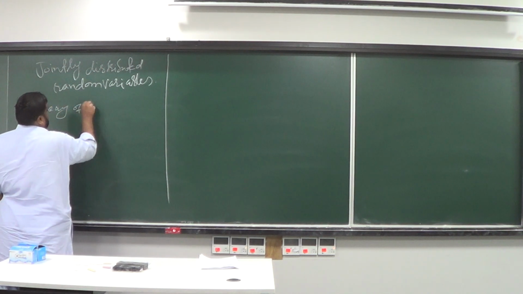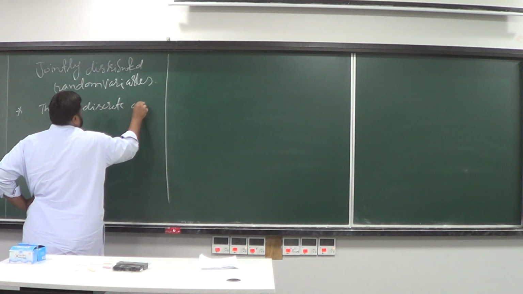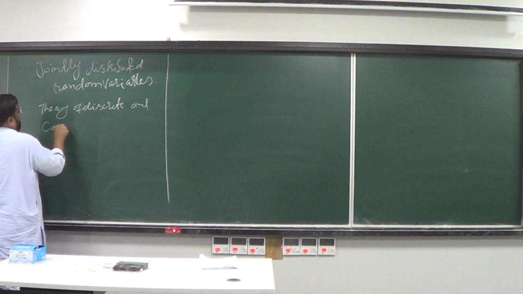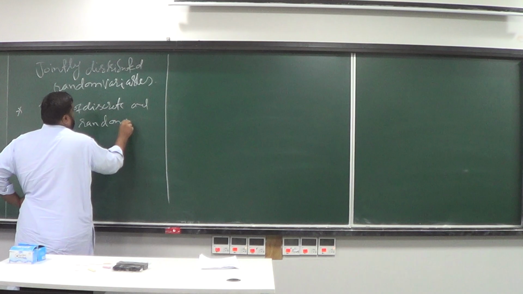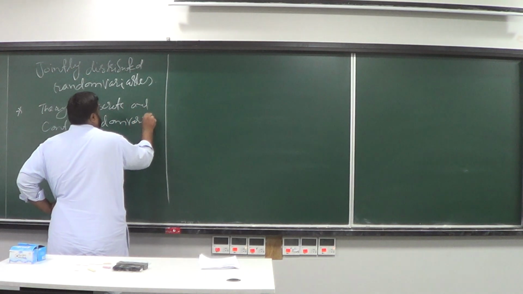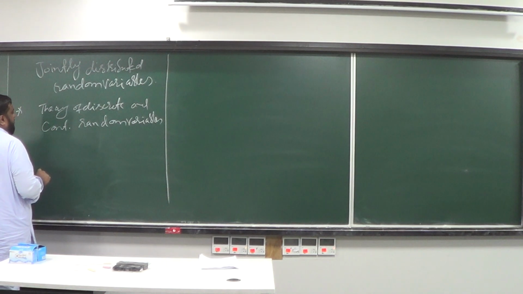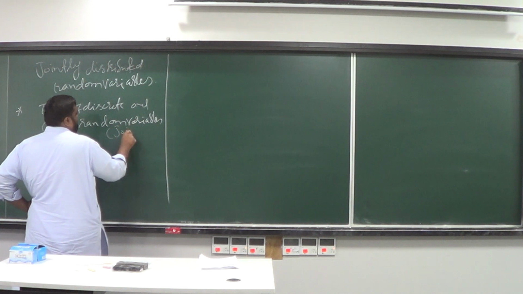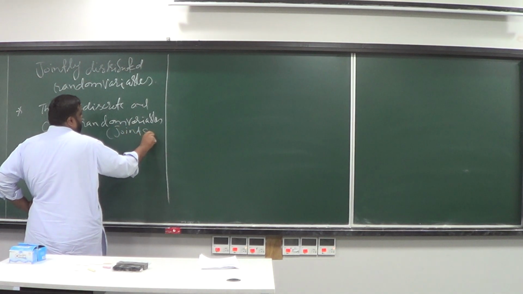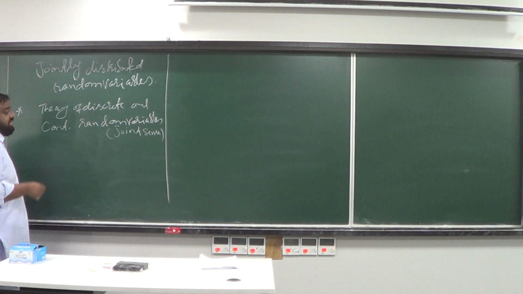Theory of discrete and continuous random variables in the joint sense, when you have more than two random quantities in a random experiment.